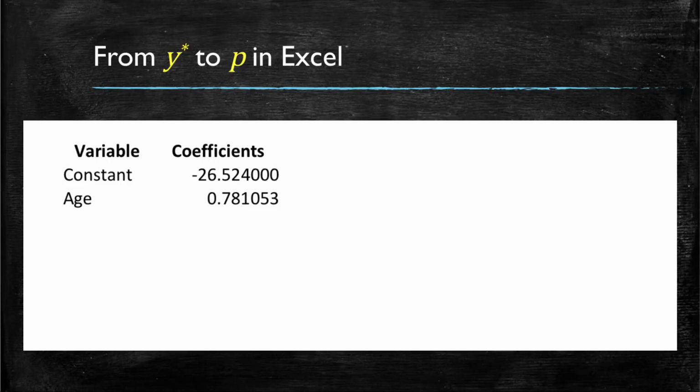So since we're going to be multiplying the coefficients by the x's, let's, for example, compute this for a 35-year-old person. I'm going to multiply the constant by 1, and the age coefficient, I'm going to multiply it by a 35.